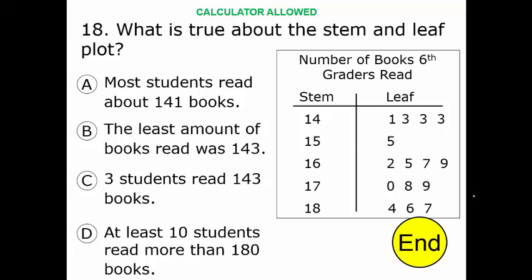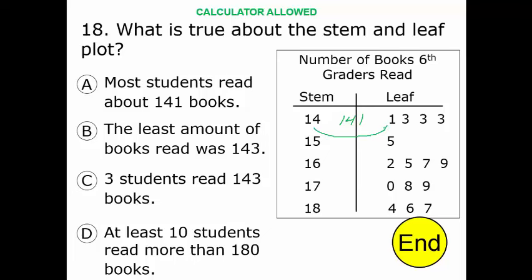Alright, here we go. What is true about the stem and leaf plot? So we have lots of statements here. We need to figure out what this stem and leaf plot actually means. So we have the stem 14 and the leaf 1. What it really says is we've got 141.